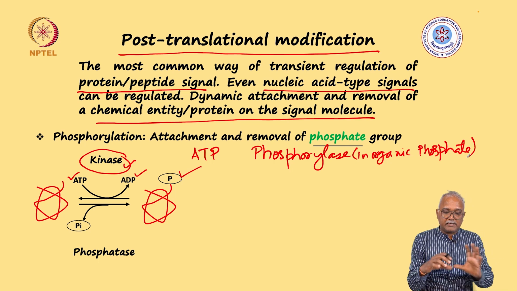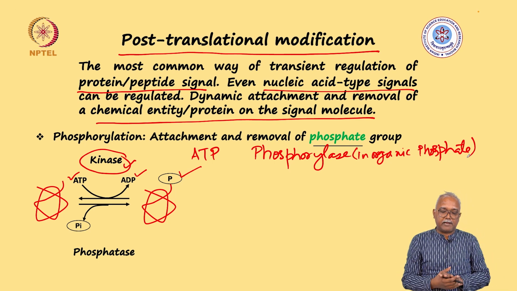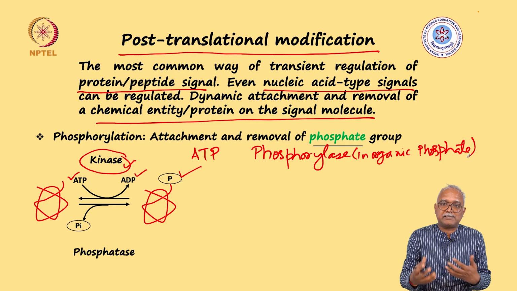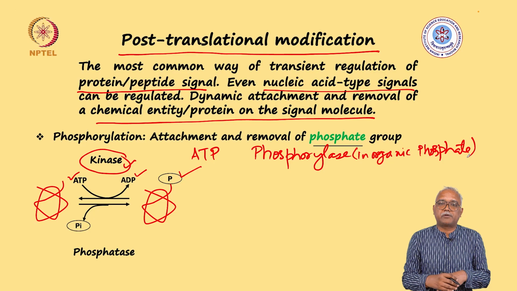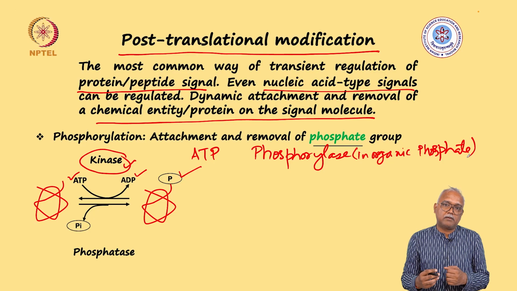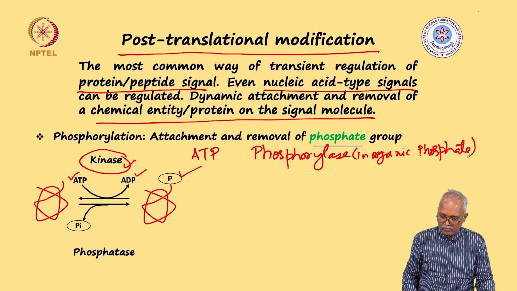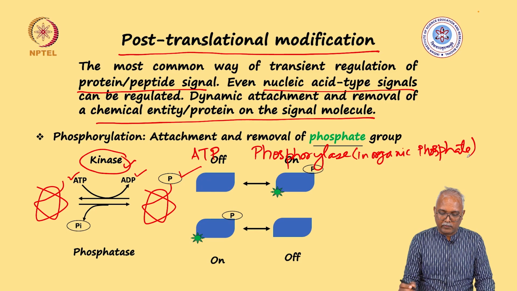So you can consider this phosphorylation and dephosphorylation cycle as the most accessible transient kind of regulation on the function of components of the signaling process. I will come quickly to that.